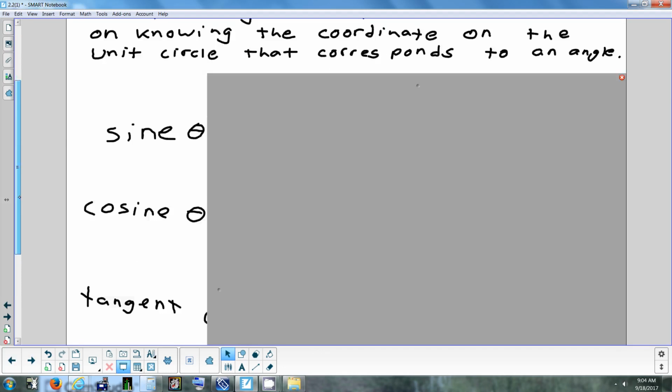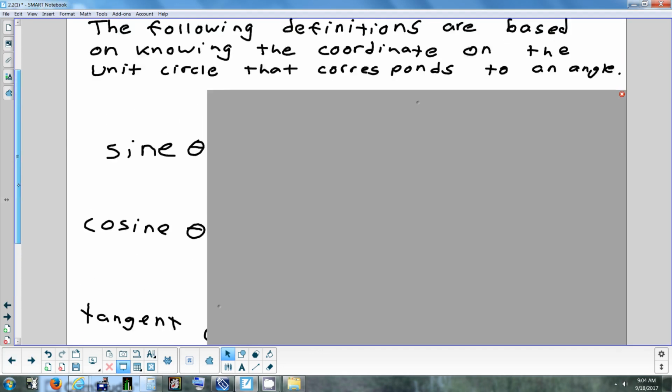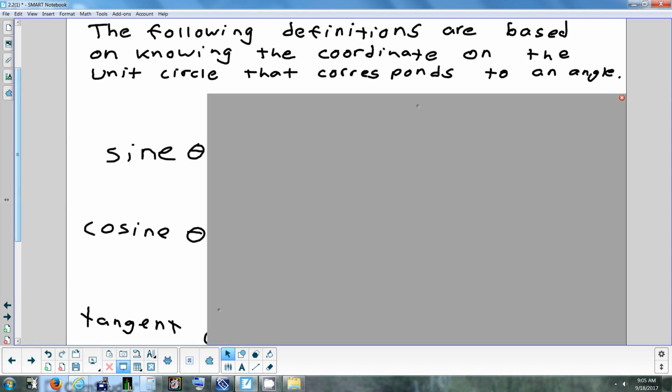Okay, so the first 3 trig functions we're going to look at are sine, cosine, and tangent. Okay, I've written out their full names, but from now on we'll use abbreviations. Faith, do you know the abbreviation or the letters you use for sine? S-I-N.